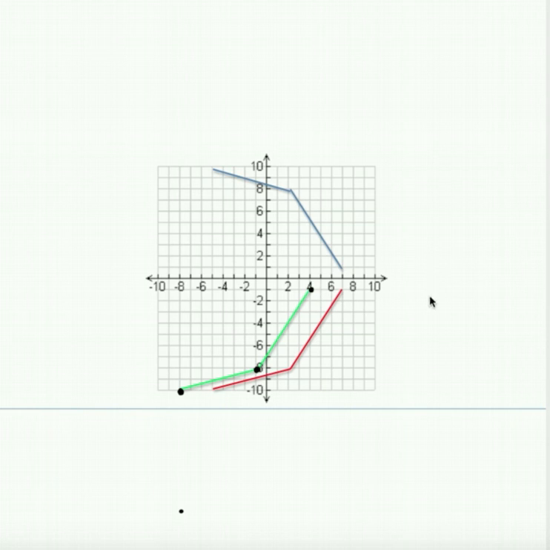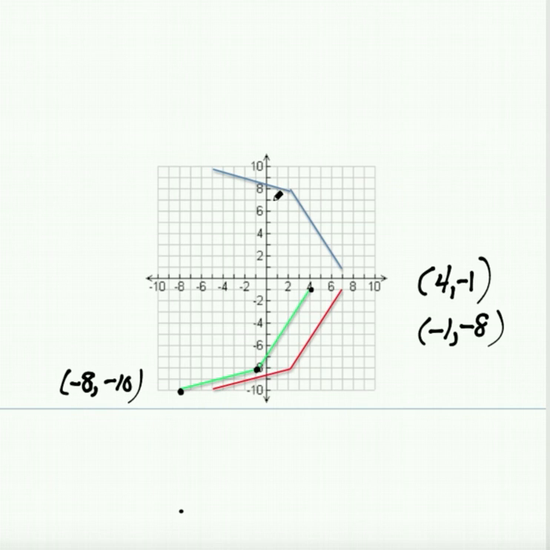My final points are going to be the ordered pair 4, negative 1, then down here the ordered pair negative 1, negative 8, and the last point of my new green graph is the ordered pair negative 8, negative 10.